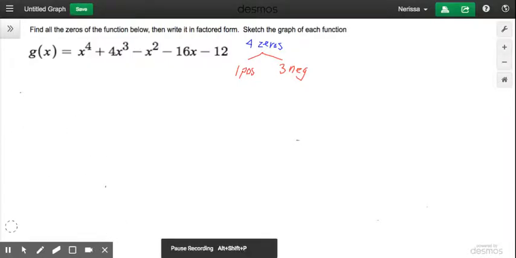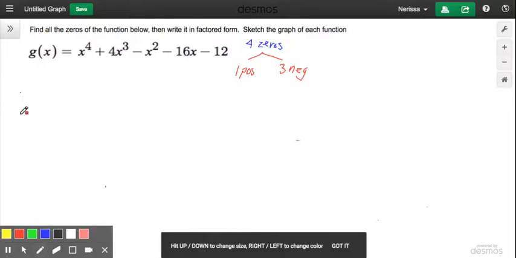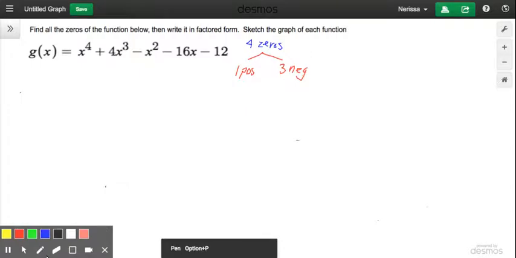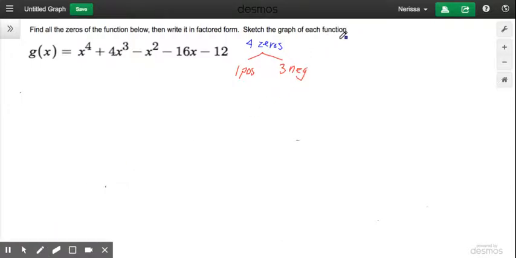Okay. So the next step would be to list the possible zeros. So we're going to generate here our list of possible rational zeros.